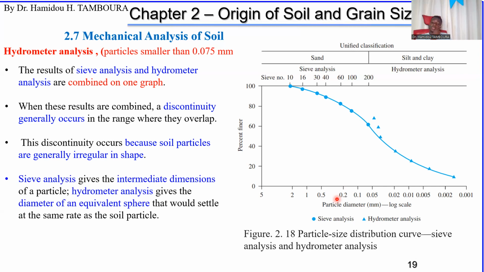This is what makes this discontinuity or discrepancy. Otherwise, we would have a smooth path. If you are used to doing this in the lab, you can know how to correct this, to make it smooth.